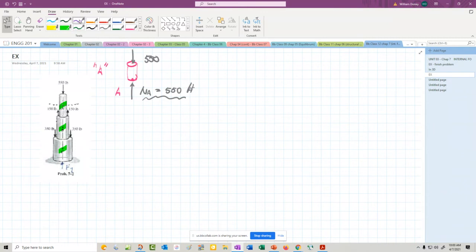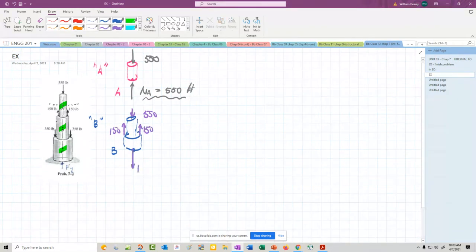Let's look at B. It's going to have that, comes down, there's another circle, comes down. It's cut. Here's B. The loading we have is still 550 on top. There's 150 up, 150 up. Here would be the normal. We can see that that normal should be in the other direction.